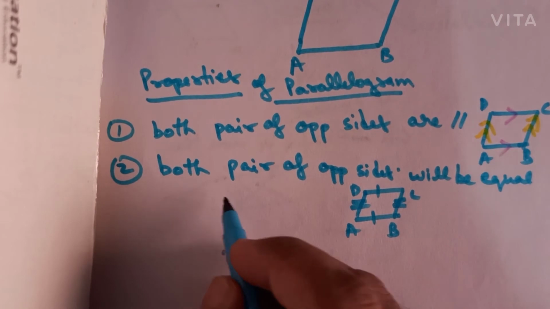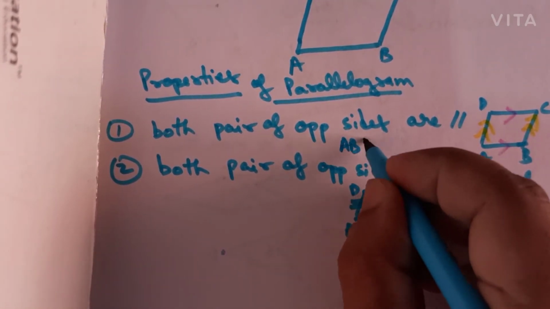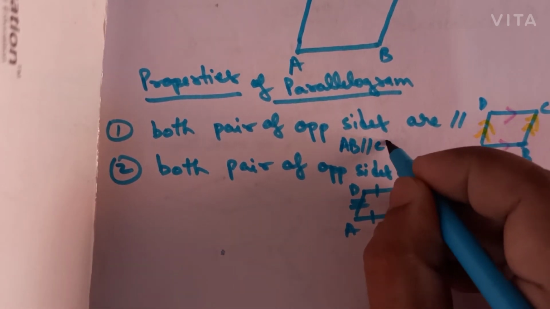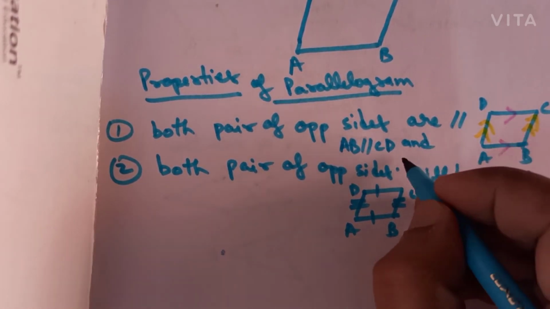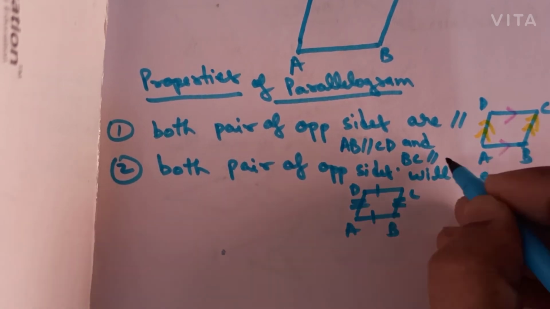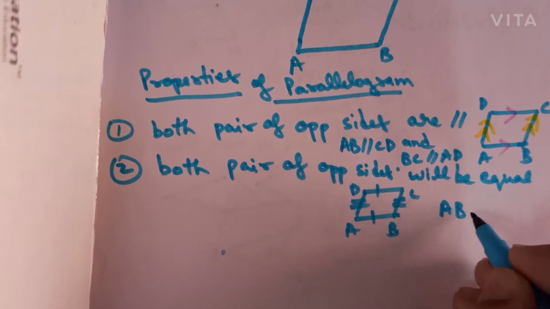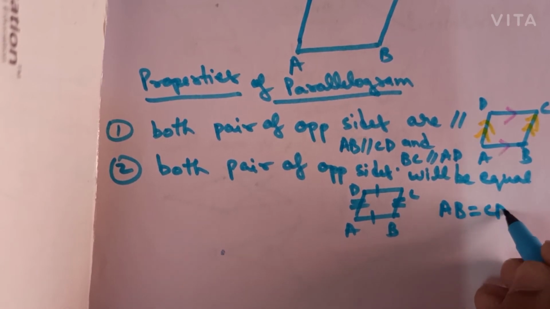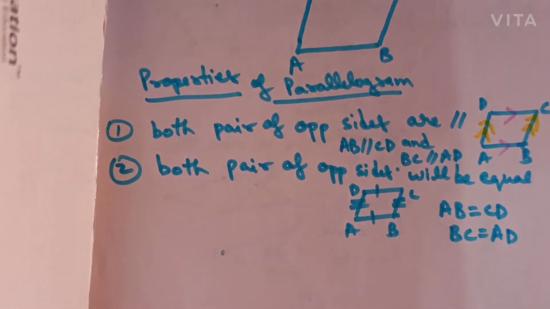Okay, here we can write it as AB will be parallel to CD and BC will be parallel to AD. Here we can say that AB is equal to CD and BC is equal to AD. Hope it is clear.